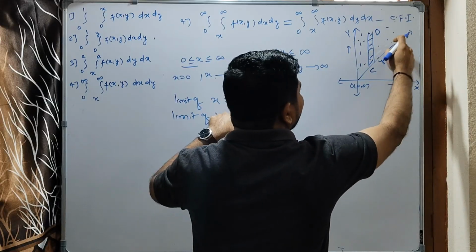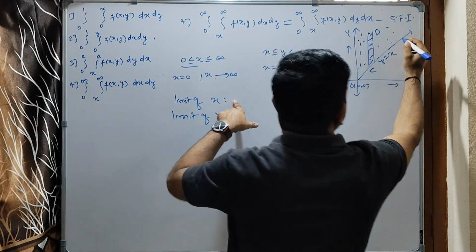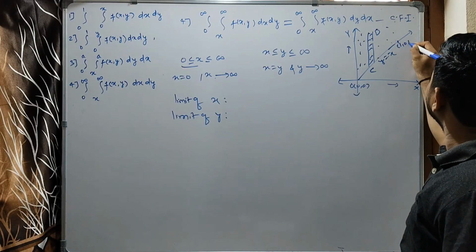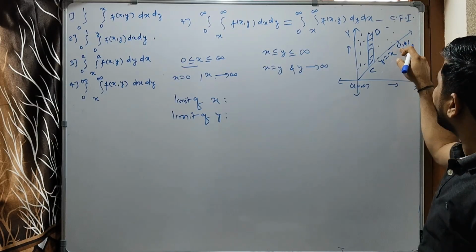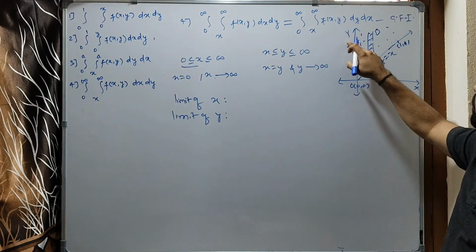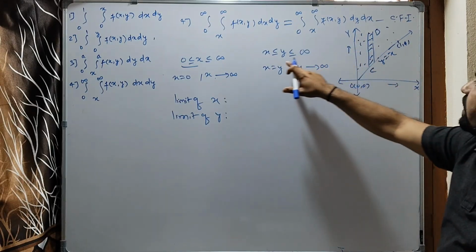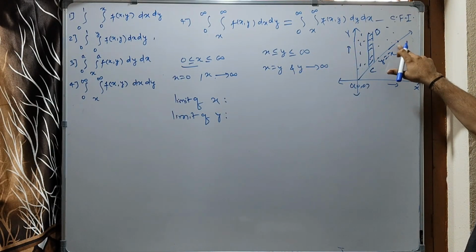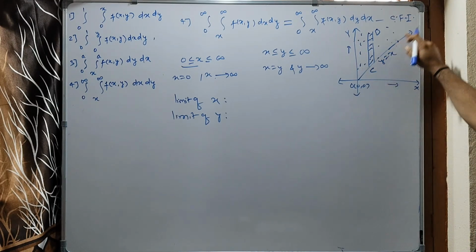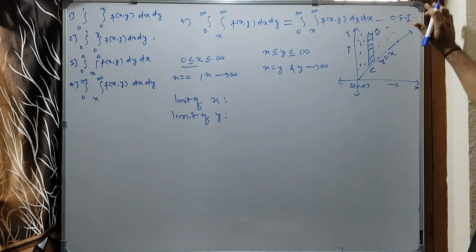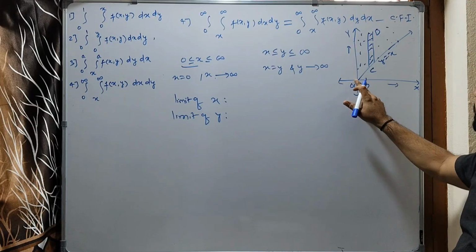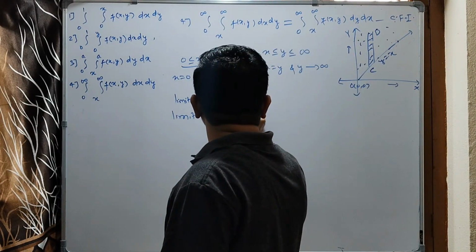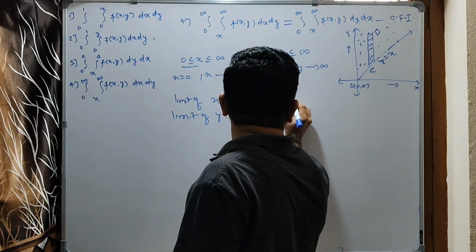For the sake of understanding, let's say this point is 1, 1, so the height along the x axis is 1 and along the y axis is 1. But x tends to infinity, so there is no point of intersection and this line extends up to infinity. So the limits of x start from 0 and go to infinity, x equal to 0 to x equal to infinity.